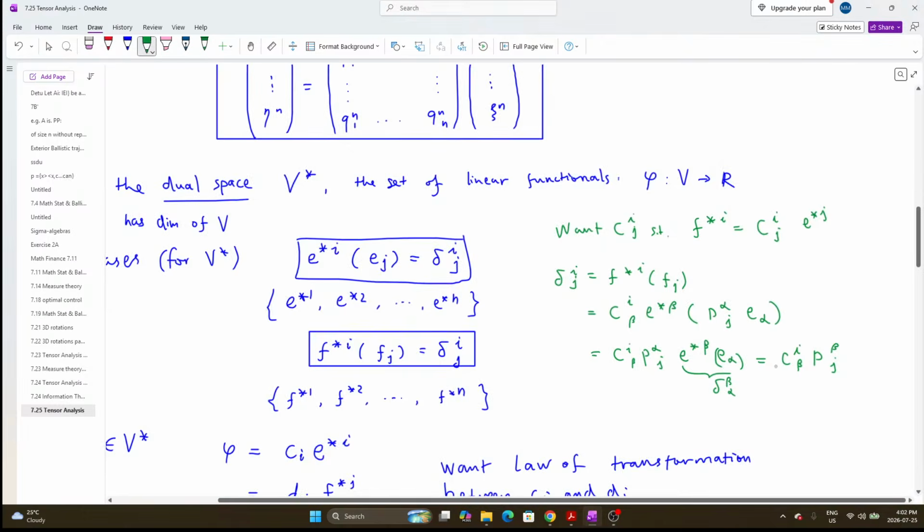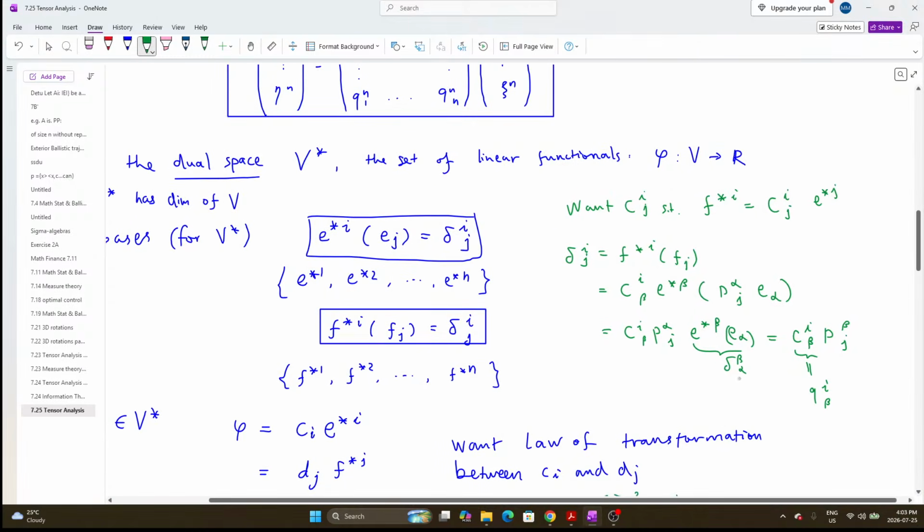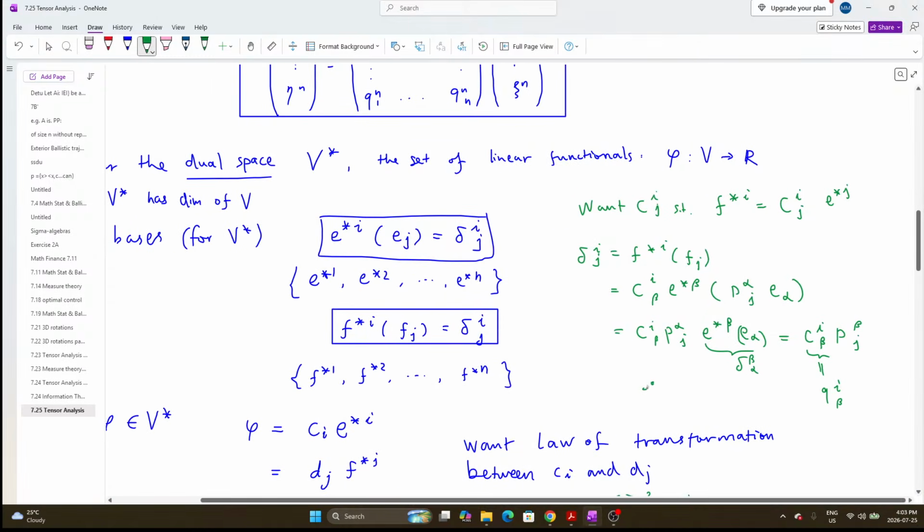And because we have the inverse relation between P and Q, this forces C to be Q. So this just says C is the inverse matrix of P, which is just Q. So C i beta is Q i beta. And therefore, f star i, you now have C.